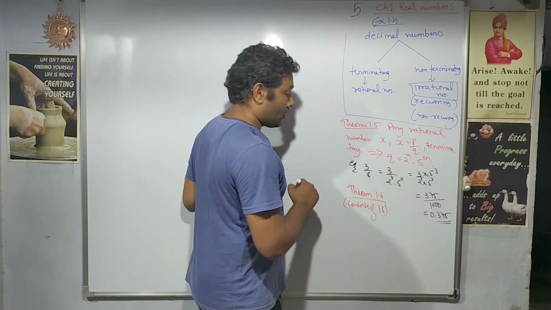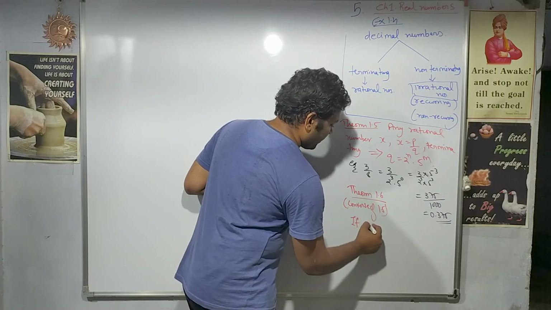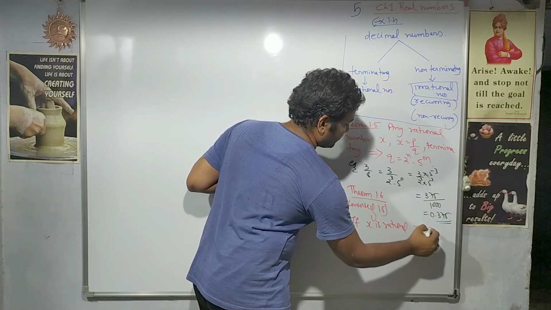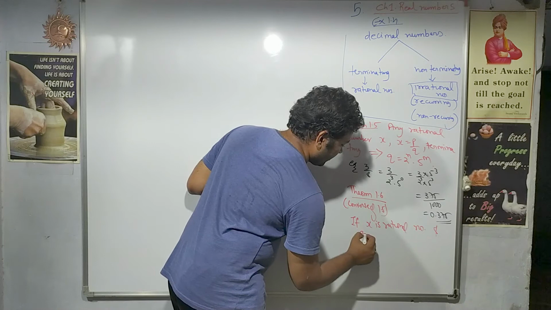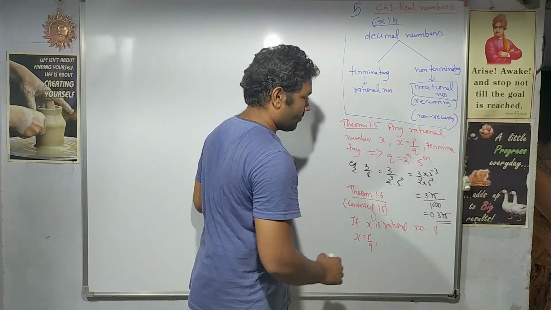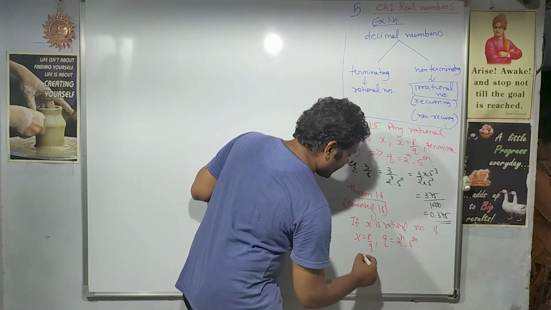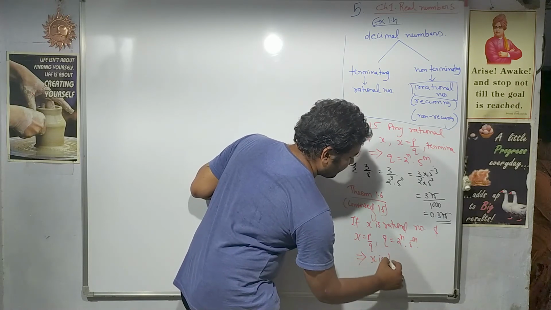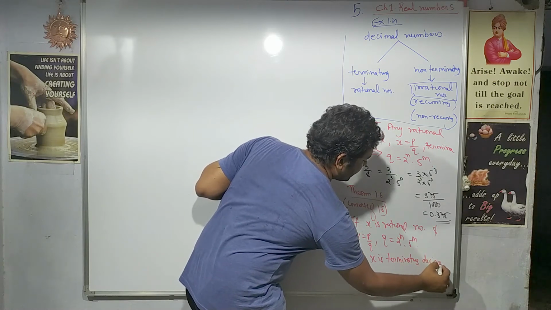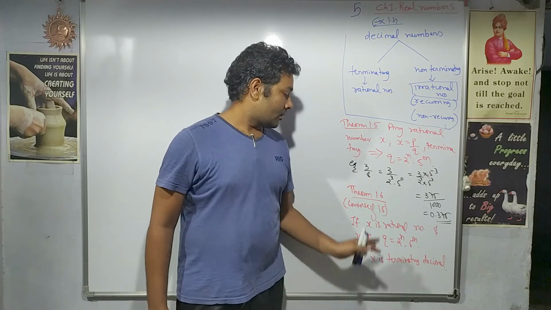If x is a rational number, obviously x can be represented in p by q form, and if q is in this format, it leads to the conclusion that x is a terminating decimal.